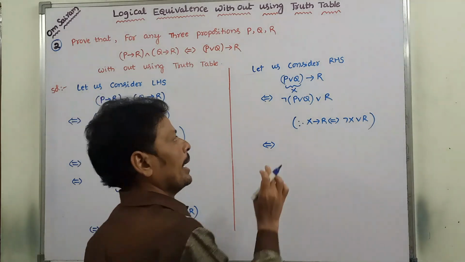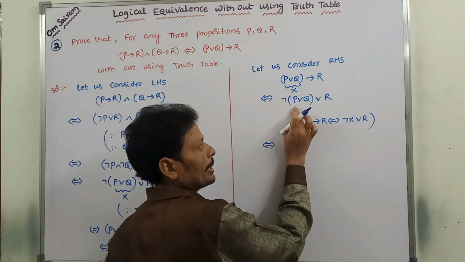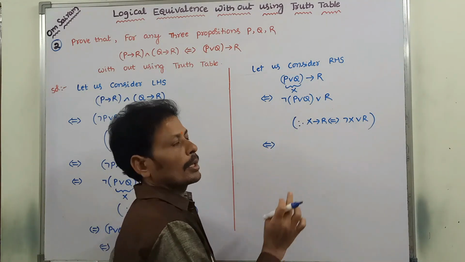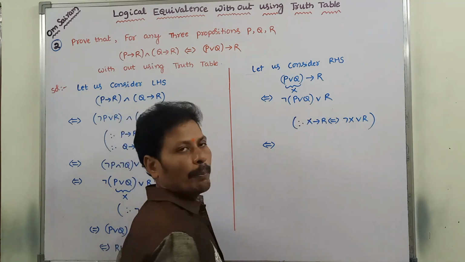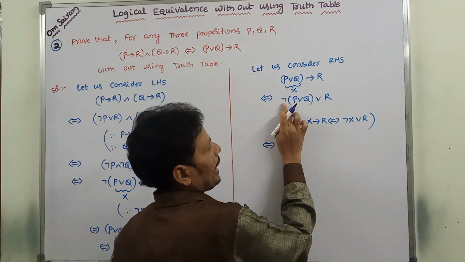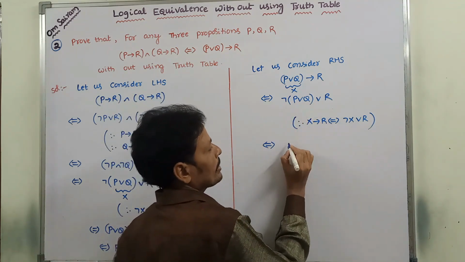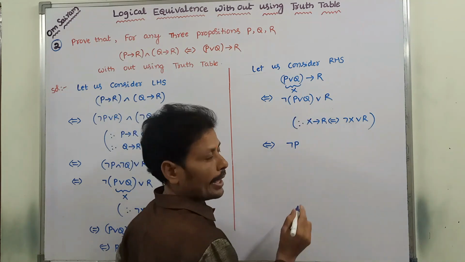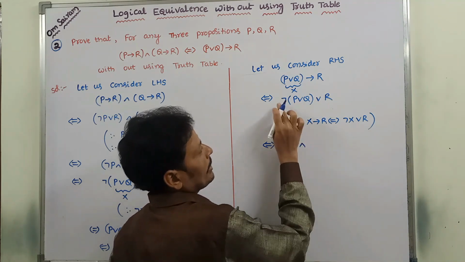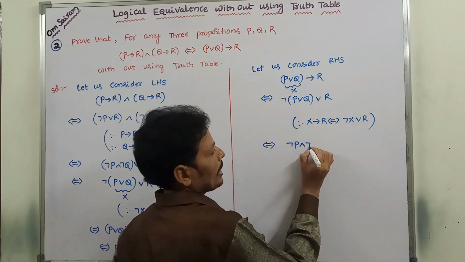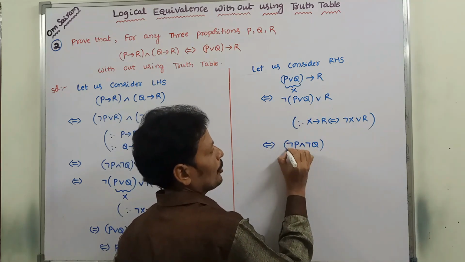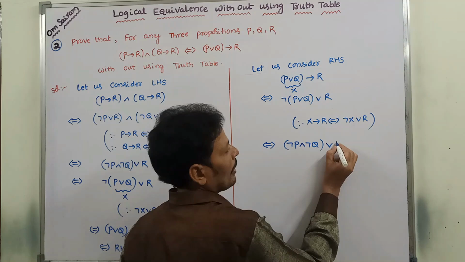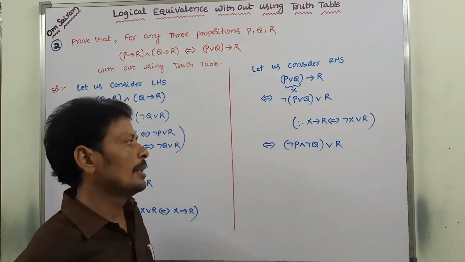Now negation can be applied to whatever the formula is within the parenthesis. So negation of P is nothing but negation P. Negation of or is nothing but and. Negation of Q is nothing but negation Q, R. Next one.